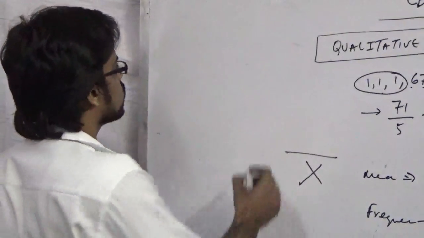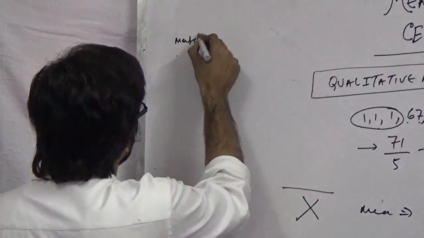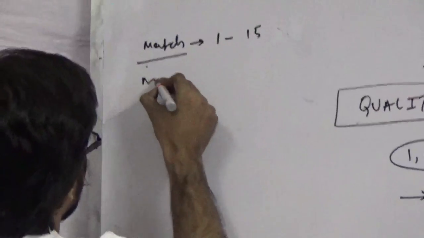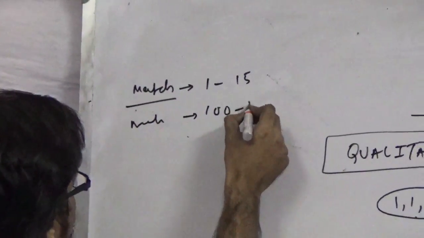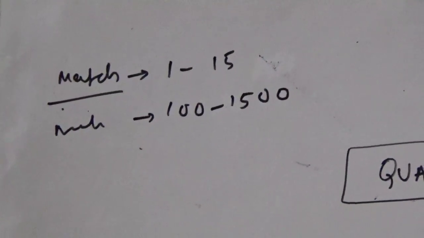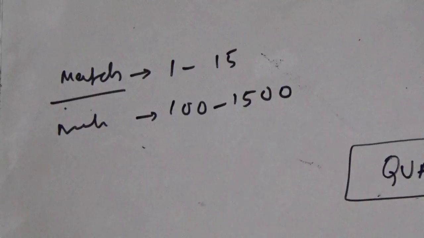So a very fallacy-based question is: one match with 15 runs, and 100 matches with 1500 runs, who is a better player? Are they equally good? The mathematical analysis says yes, they are equally good.